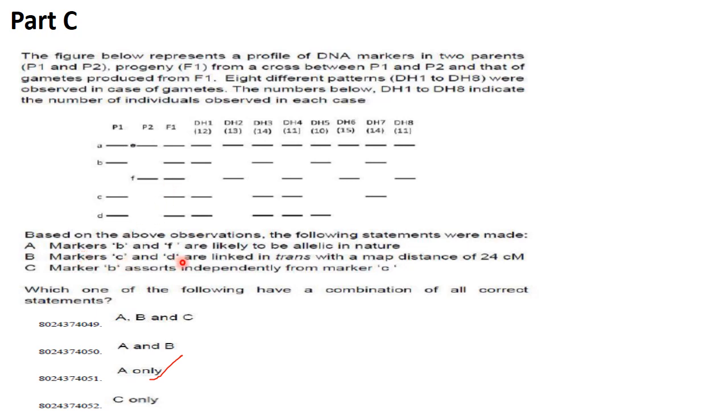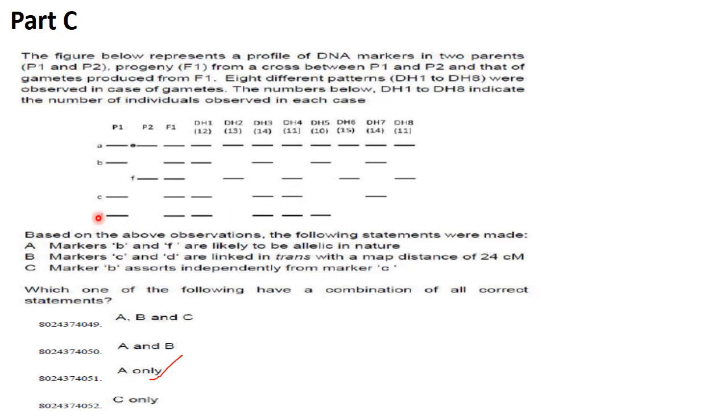Then markers C and D are linked in trans with a map distance of 24 centimorgan. So C and D are present in a single parent. We will see that. Here you can see C and D. In DH1 also C and D, in DH2 both are not present, DH3 C and D, DH4 C and D, like that.